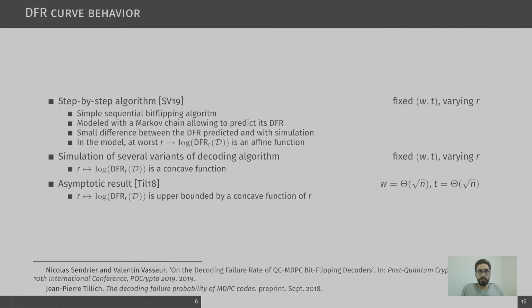I should mention the asymptotic result of Jean-Pierre Tillich. In this work, he showed that the DFR is upper bounded by an expression, and if we look at this expression, we can see that it's a concave function of R. Here it's in a slightly different context because W and T grow as the square root of the code length, and they are not fixed. But I think it's interesting to mention anyway.